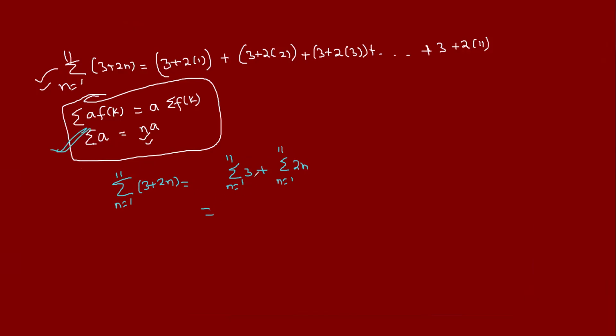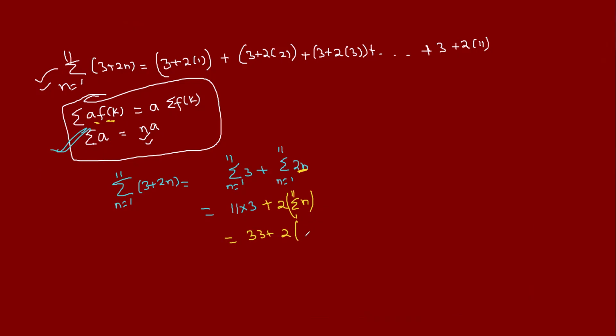Only a is there, so you will write 11 into 3, because it is n times a. The other is 2 into f(k), so 2 is constant. So 11 into 3 is 33.